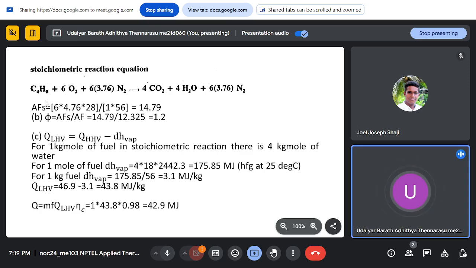So with this we can again find out the air fuel ratio for the stoichiometric value, and it will come out to be 14.79. So this is the stoichiometric air fuel ratio, and your equivalence ratio will be the stoichiometric air fuel ratio divided by the air fuel ratio. So 14.79 divided by 12.325, so it will come out to be 1.2.